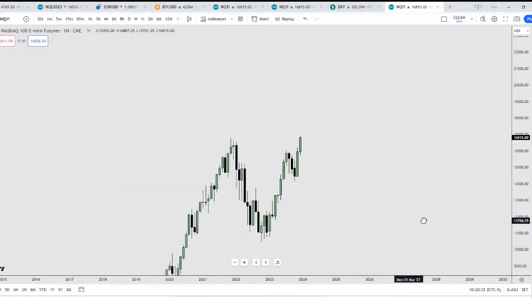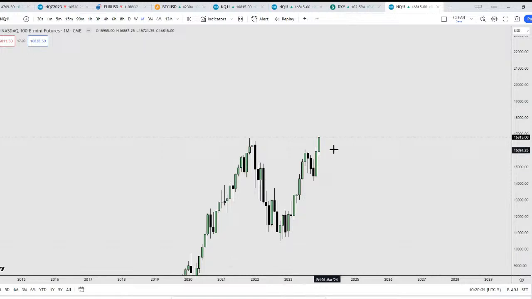Expansions in Q1 usually lead to a low probability Q2, and then we're going to have a high probability Q3. So Q3 is going to be 2025, and hopefully we get to see some sort of a blow off top in 2024. That would be our Judas swing in Q2, and then we distribute lower in 2025.